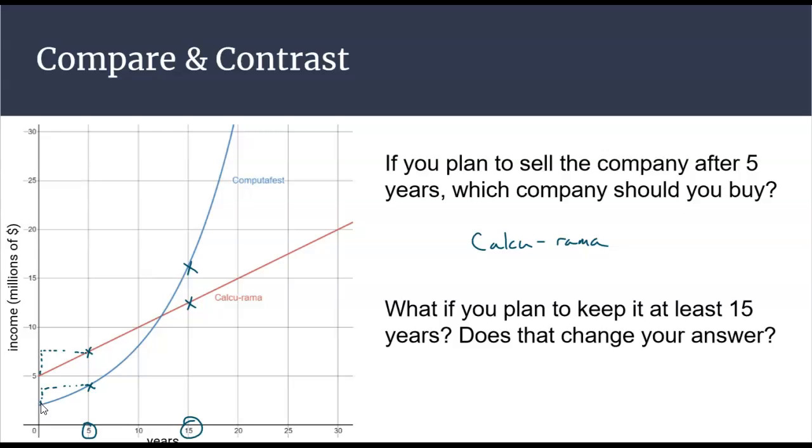So Computafest has gone all the way up to there. All that growth, where Calcu-rama has only done this much growth. So Computafest is a way better option at 15 years.